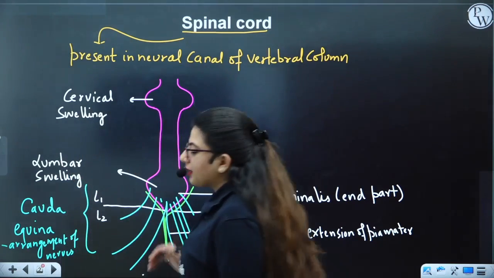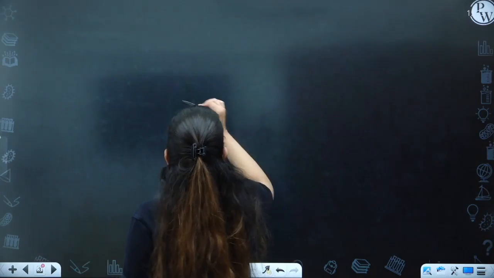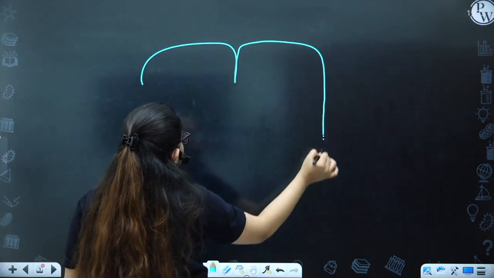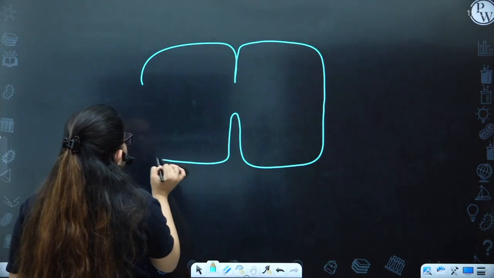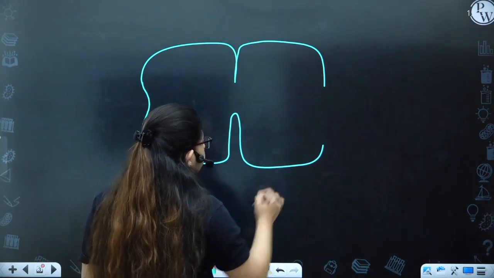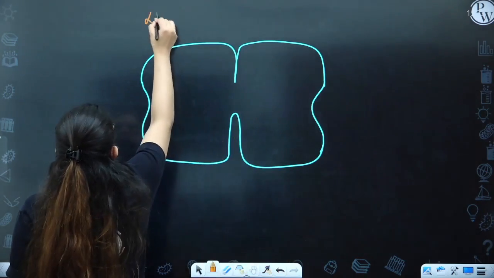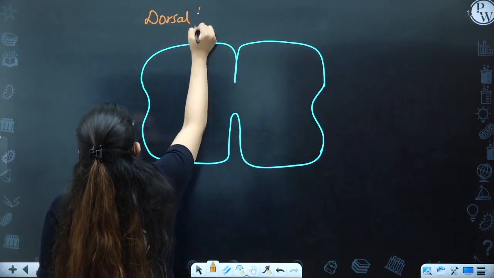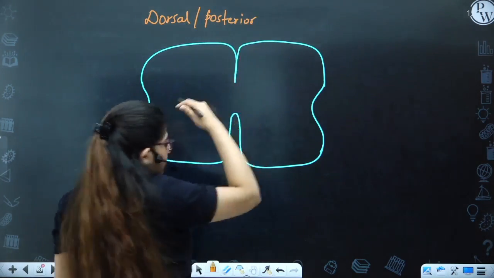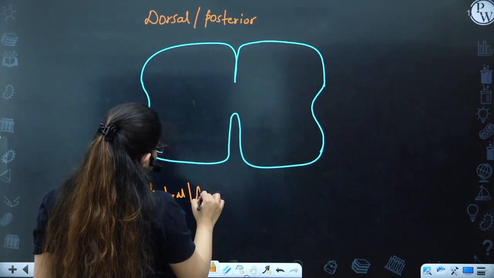Now let's dissect the spinal cord. Let's dissect it. So when we dissect it, you will see such kind of a thing. Okay. If this is a dorsal side, which is also known as posterior side, this one side. Okay. And this is the ventral side, this one also known as the anterior side.